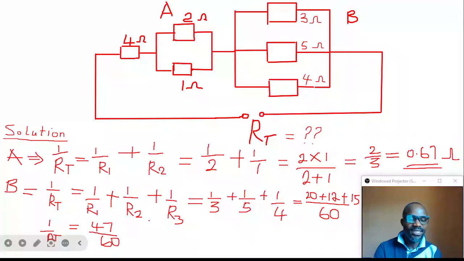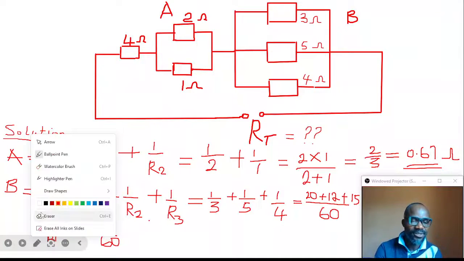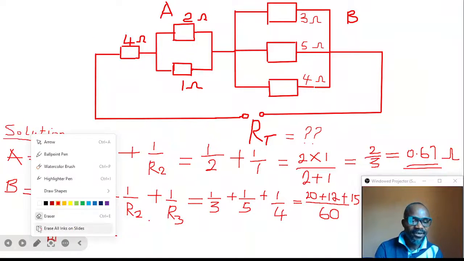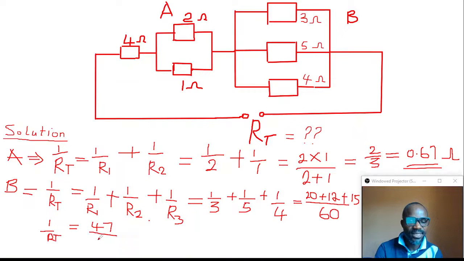Good. It's like my 60 is not good looking. Let me just do something to make sure. So we go back again and rewrite our 60. Good, we are getting it now. Perfect. So we have 47 all over 60.